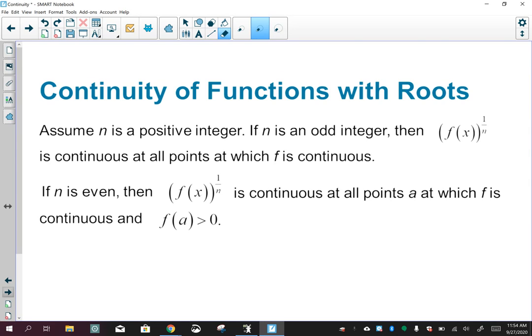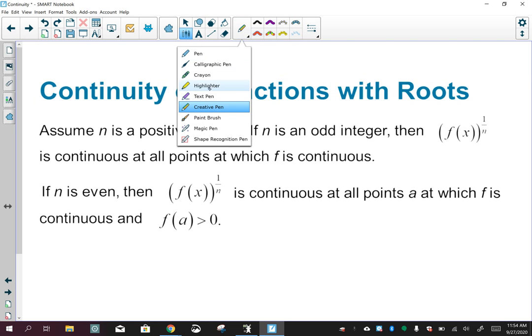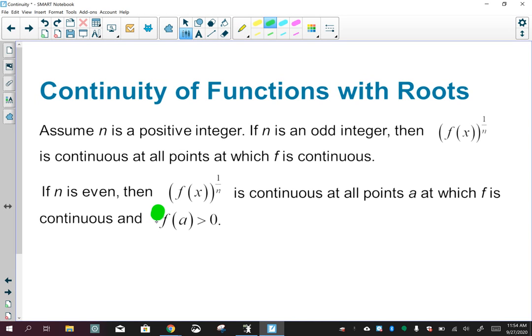When we talk about roots, roots are when you have fractions. So whenever you have a fraction, there are some places on here that you're not going to be continuous at. What you want to remember is this piece right here, when we talk about where we are going to start and or end, because remember, for your even roots especially, you have to be bigger than 0.